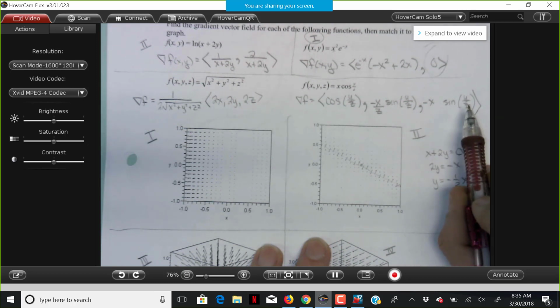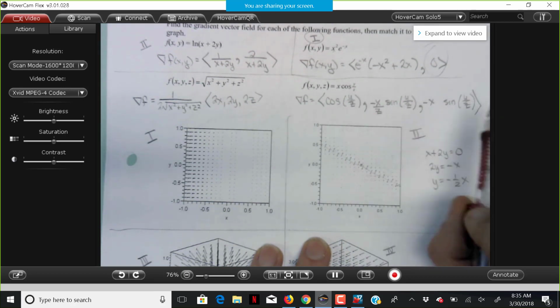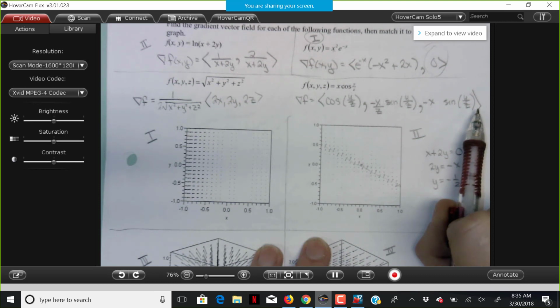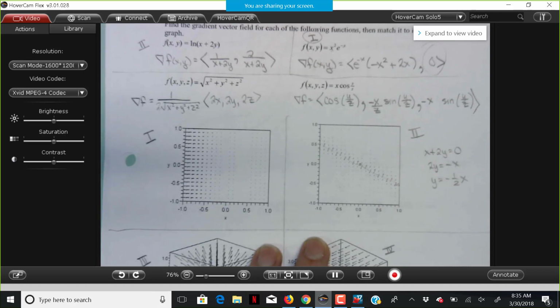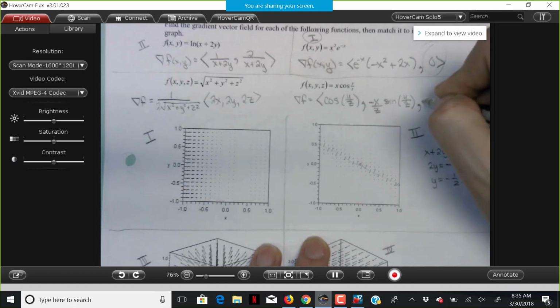This is, right, so we're taking the derivative with respect to z. Negative y z to the negative 2, right? So negative y over z squared.